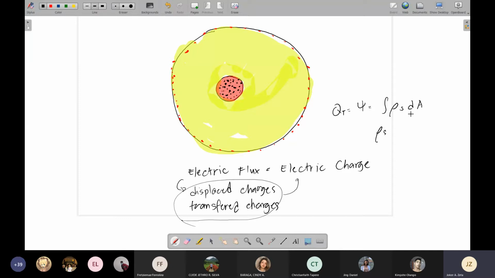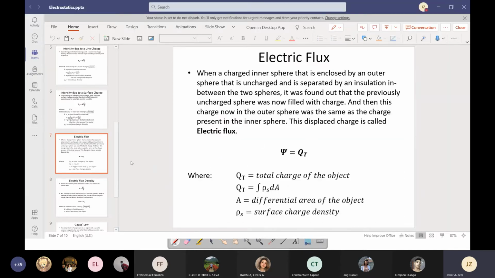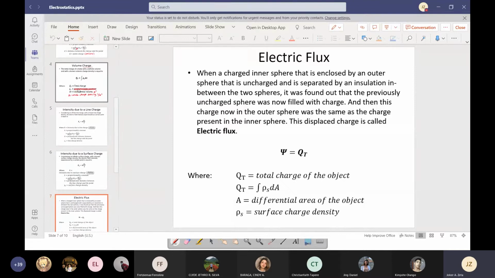That's why we're only going to solve the total charge on a surface area.